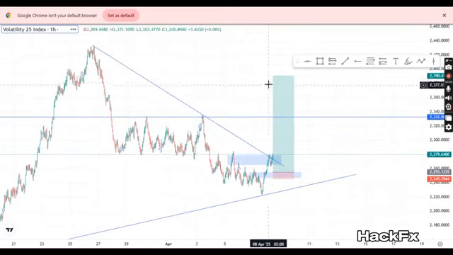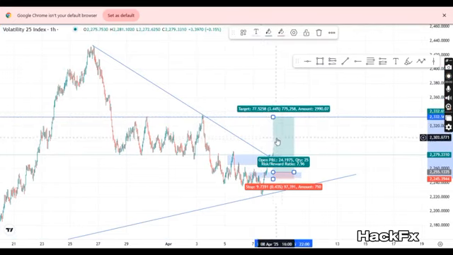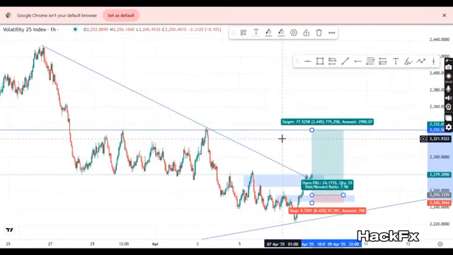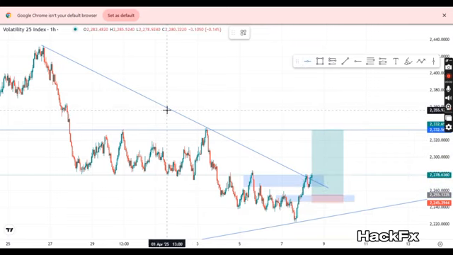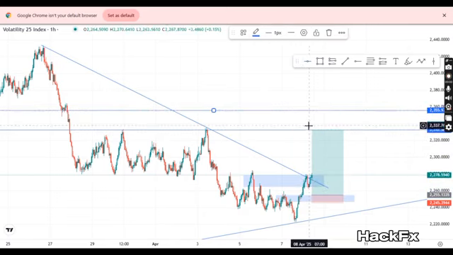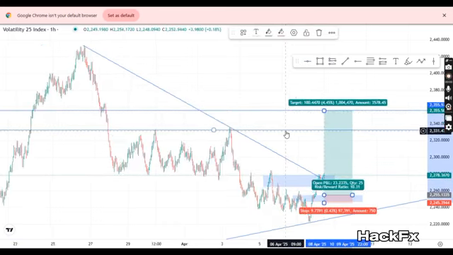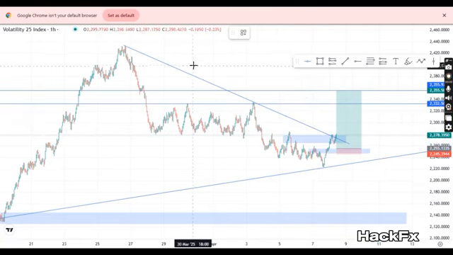Your first TP anyway should be the next supply zone here, this place. That's about 1:7 or 1:8 risk to reward ratio. Now your next TP should be here. Your TP2 should be here, and your TP3 should now be here, the next supply zone.